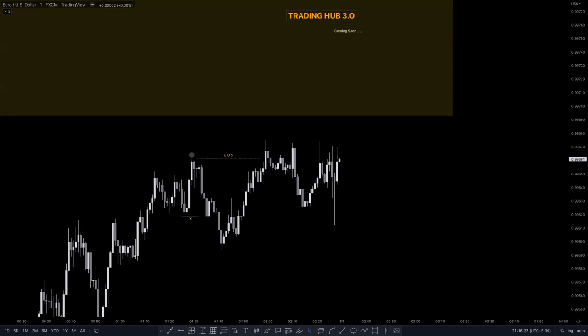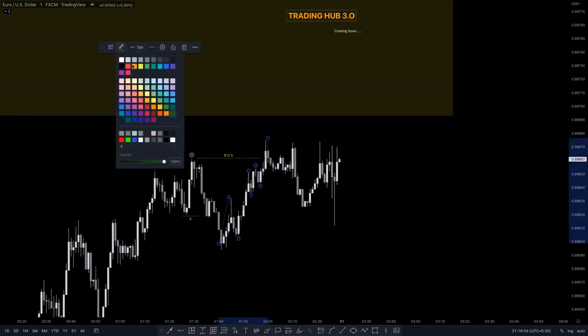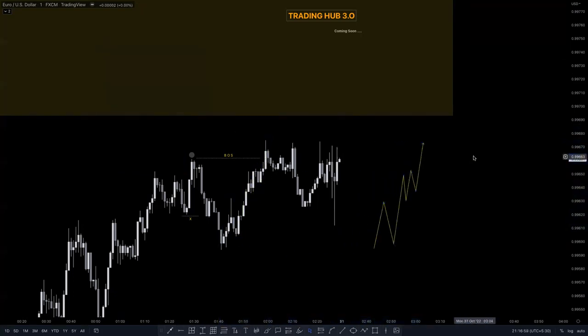So in this case, after the break of structure, where is our pullback? Correct, this one. Market pushed higher and pushed downside. This one looks valid, and this one also. Let me change the color.